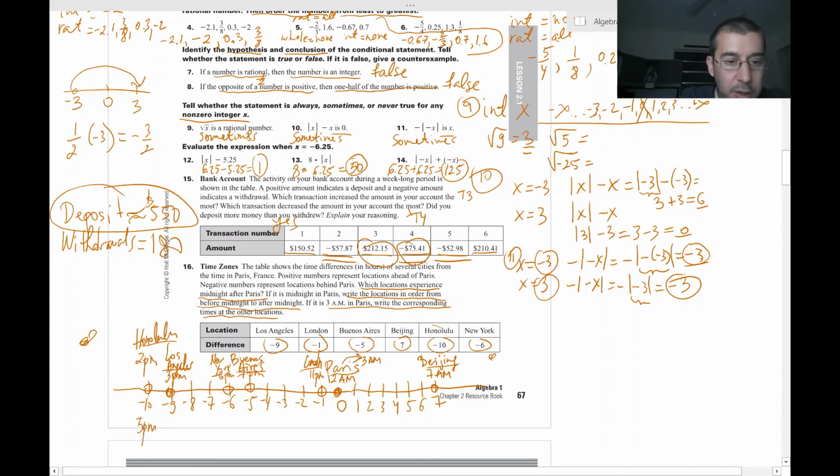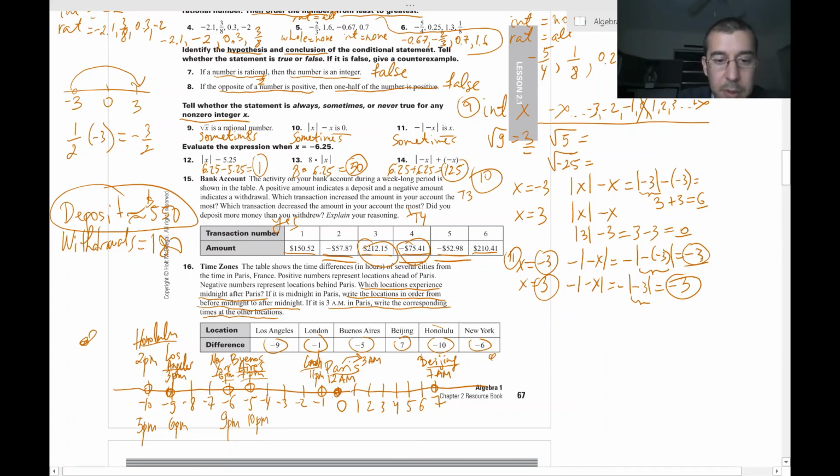Los Angeles, 3 p.m., now plus 3 hours would be 6 p.m. New York, it is 6 p.m., plus 3 hours will be 9 p.m. Buenos Aires, it is 7 p.m. When you add 3 hours, it would be 10 p.m. London, it is 11 p.m., 1 hour before midnight.